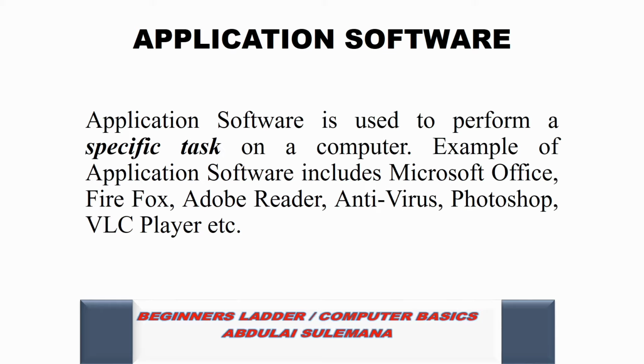So it means that without application software A, you can use B. Without B, you can use C. So the system software doesn't depend on them. But for the application software to run, it means that the computer must be on. And whatever will bring the computer to life is the system software. So it means that the application software will always depend on the system software to perform.